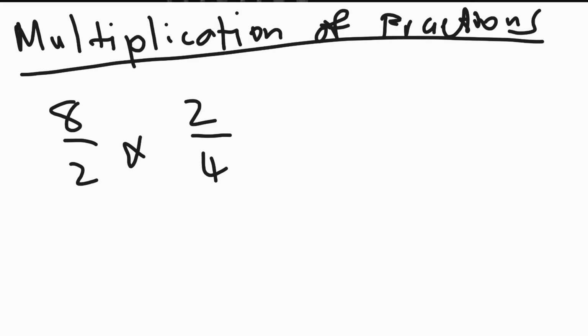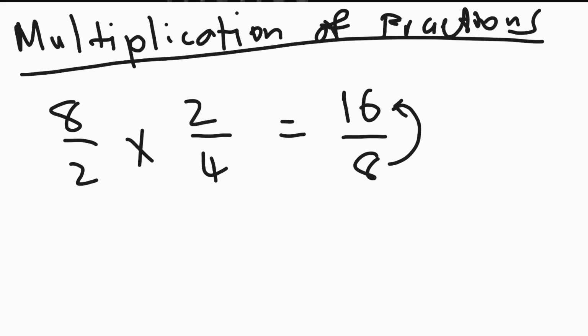Okay, again, we multiply our numerators, we multiply our denominators. So 8 times 2 is going to give you 16, and 2 times 4 is going to give you 8. And we know that 8 goes into 16 twice. Okay, so your answer is a nice whole number of 2.